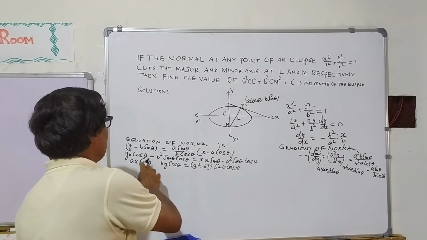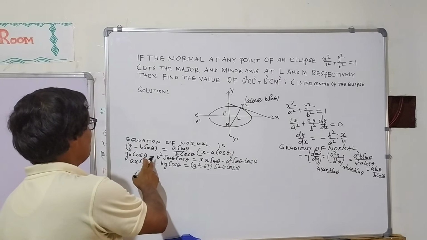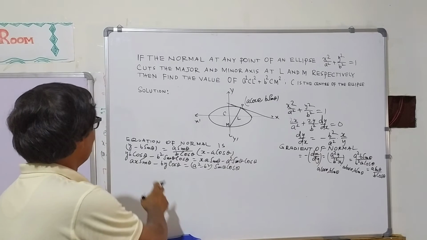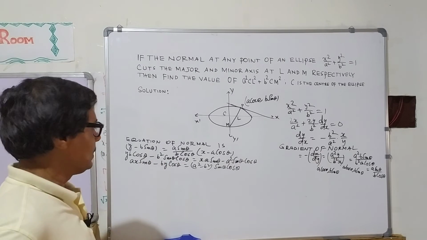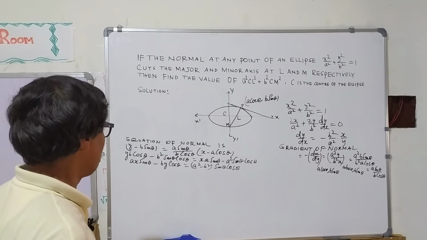Now, we can take the intercept form of the straight line. The normal is a straight line, so we reduce this equation to intercept form.